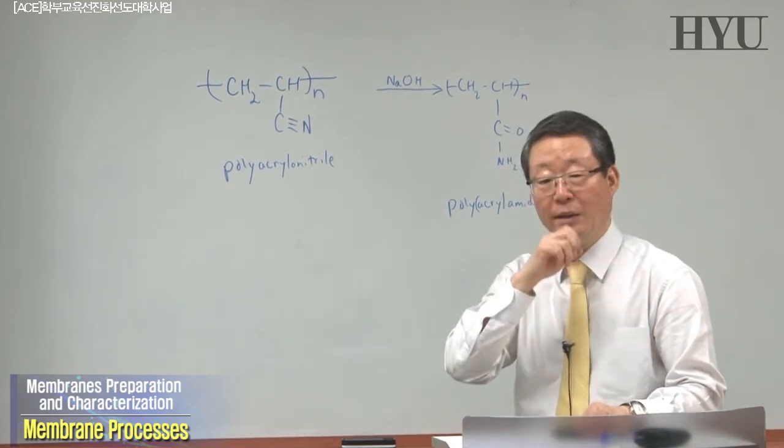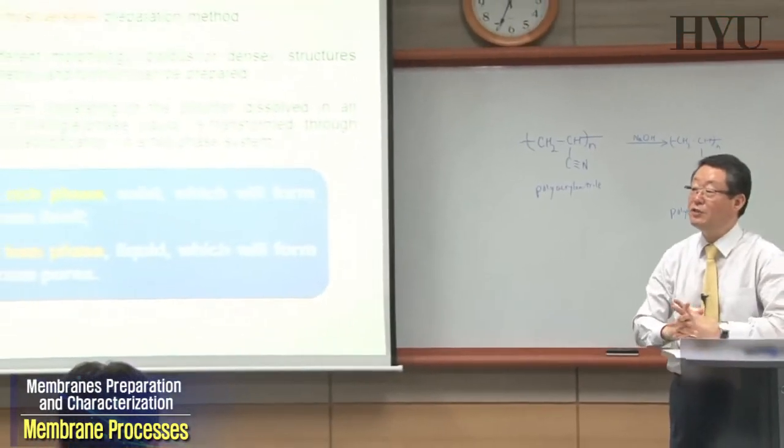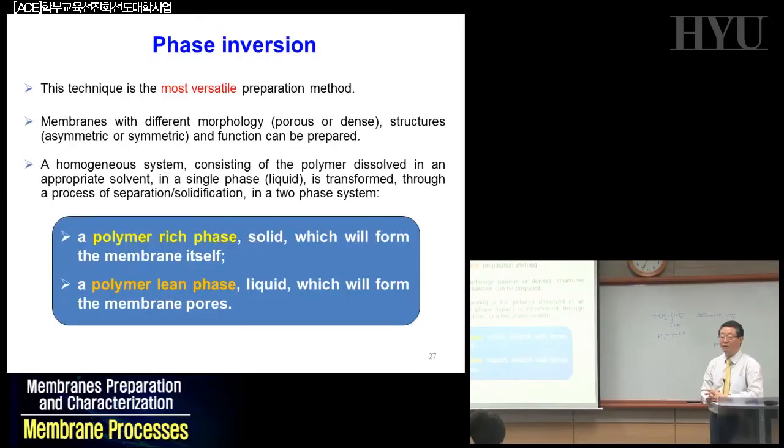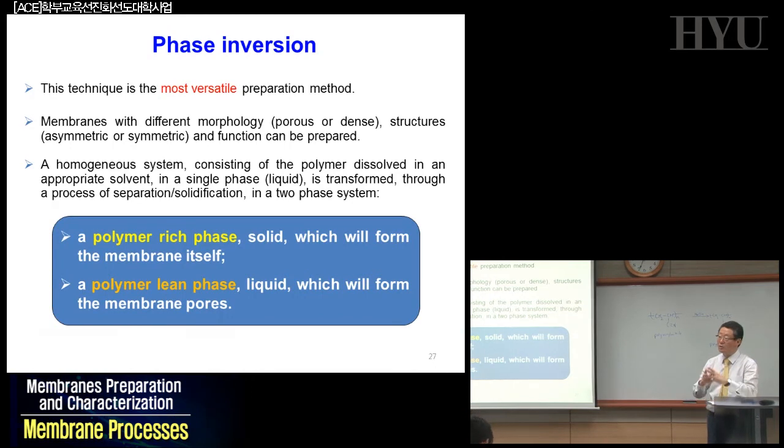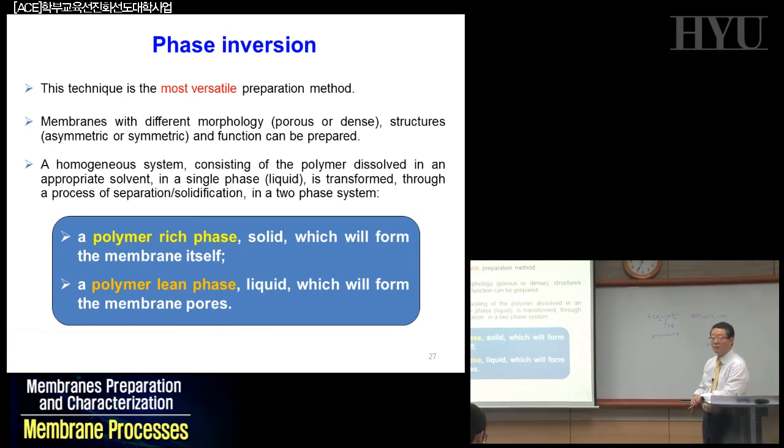Second way of making your membrane is phase inversion. Okay? Phase changes from one state to the other state. And we will extensively discuss this phase inversion, of course, because this is much more versatile than the rest of the membrane preparation methods.